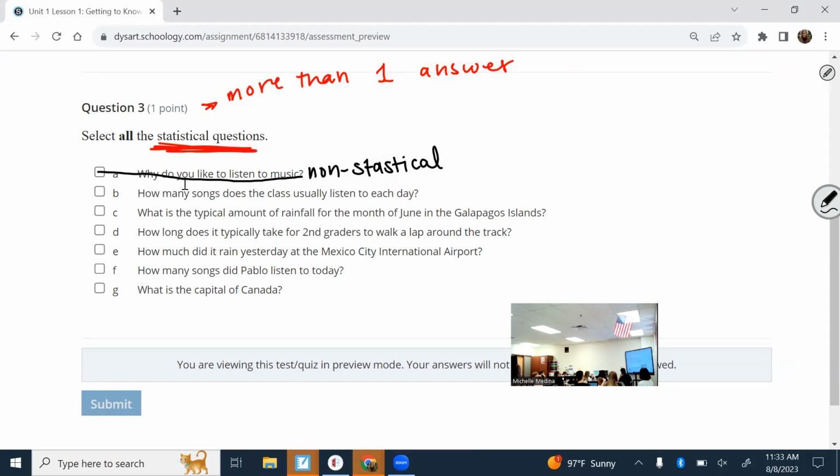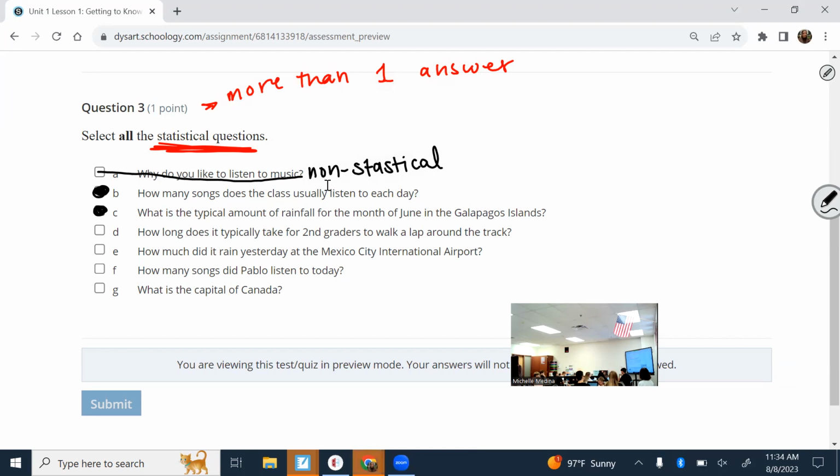What about if I asked you how many songs does the class usually listen to each day? Statistical or non-statistical? Okay, good. What is the typical amount of rainfall for the month of June in the Galapagos Islands? Statistical or non-statistical?